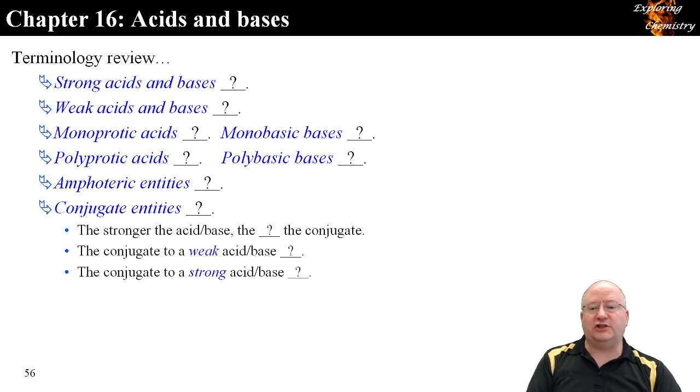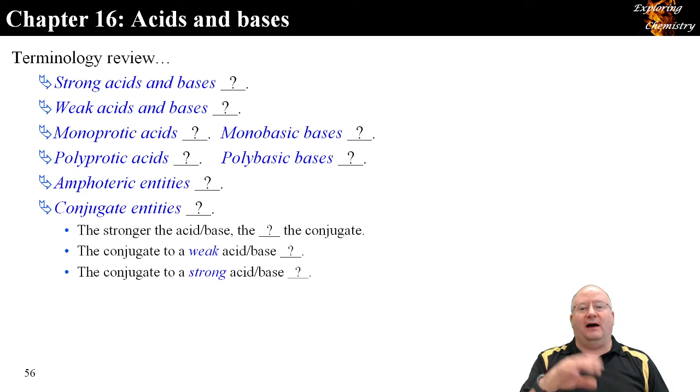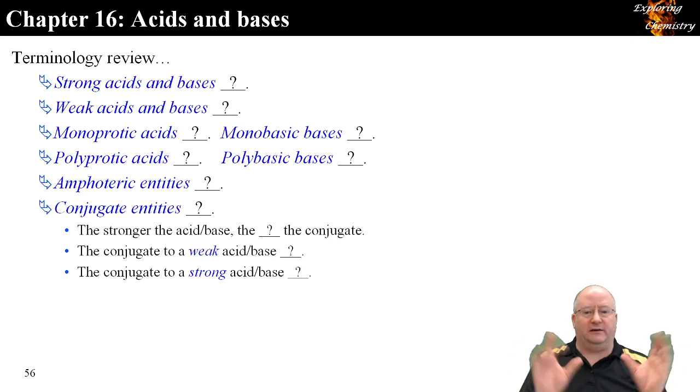The conjugate to a weak acid or base is another weak base or acid. And Mark's example of acetate: acetate is a weak base. Acetic acid is a weak acid. So if you have a weak acid, the conjugate is a weak base.